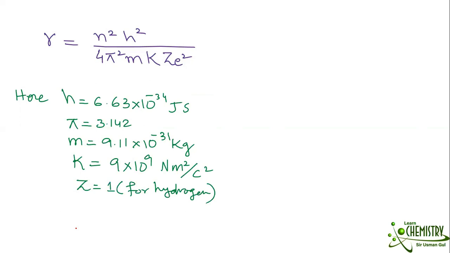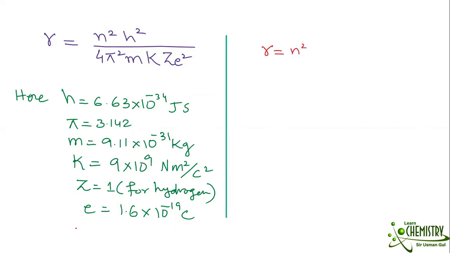And e is the charge on the electron, 1.6 × 10 to the power minus 19 coulomb. If we put all these values, after simplification we get r equal to n square into 0.529 × 10 to the power minus 10 meter.